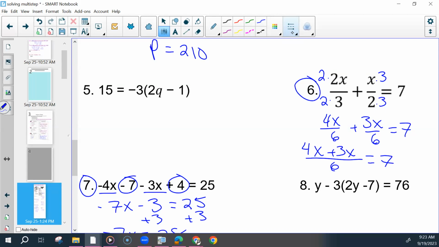Combine your like terms. And then you have choices. You can either multiply by 6 and then divide by 7, or this is the same as 7 over 6 x. So I could take this, flip it, and multiply on both sides.